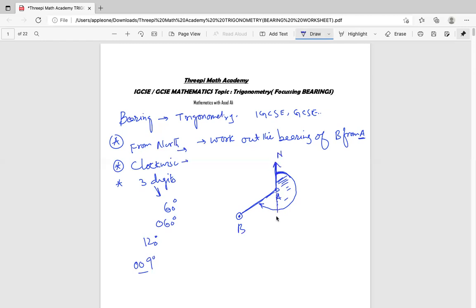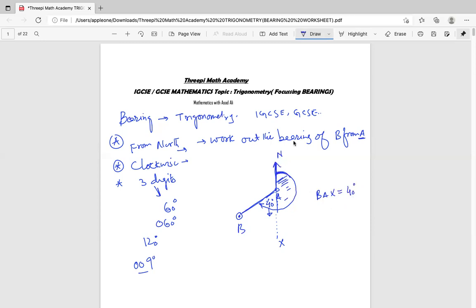Now the question is, see here, this angle is 40 degrees suppose, and they say find the bearing of B from A. This angle is given to us as 40 degrees. Let's say this is X. BAX is given to us, that's 40 degrees.